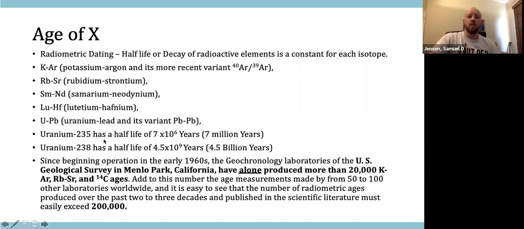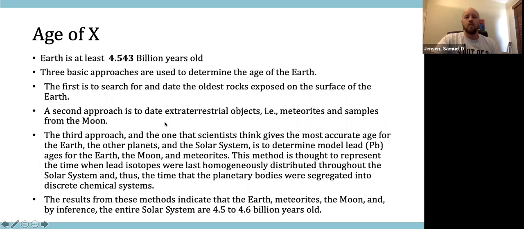Uranium-238 has a half-life of 4.5 billion years. Now, we only use carbon really for things that are alive or have been alive, right? So this leads us to be able to tell things like the age of the Earth.